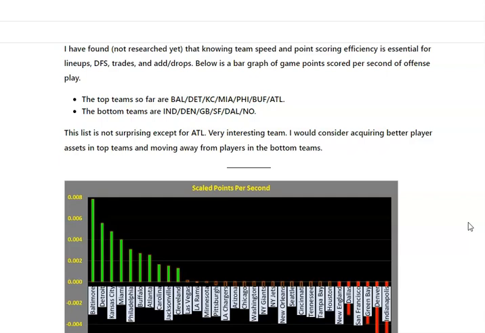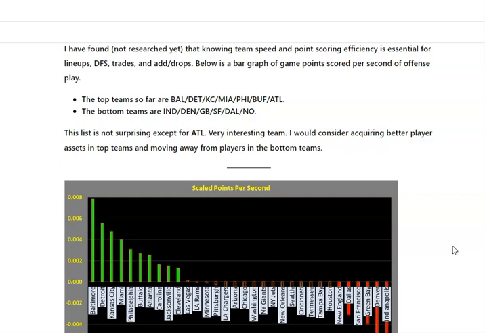Bottom teams, and you can probably figure this out too. Indianapolis, Denver, Green Bay, San Francisco, Dallas, and New Orleans. All those have bits and pieces missing or injuries or the combinations are not clicking. There's a lot of things in the first 3 weeks that have conspired in those teams.